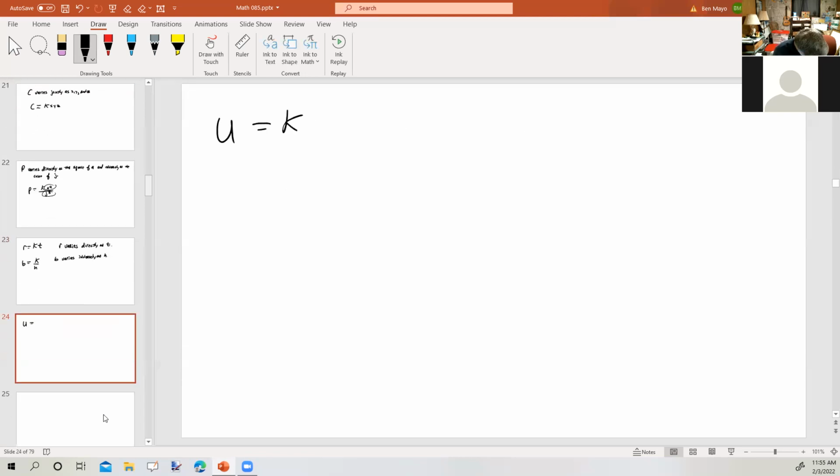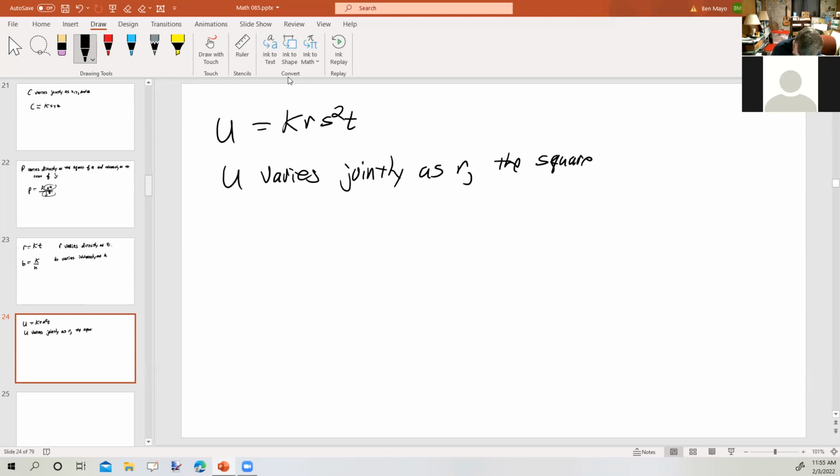U equals K R S squared T. U varies jointly as R, the square of S, and T.